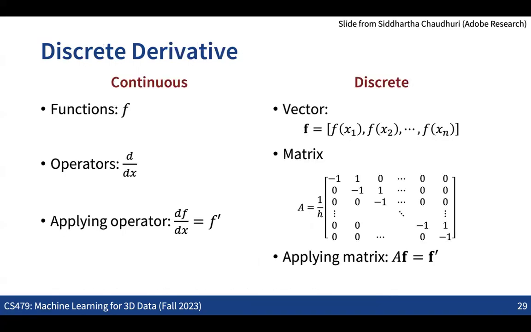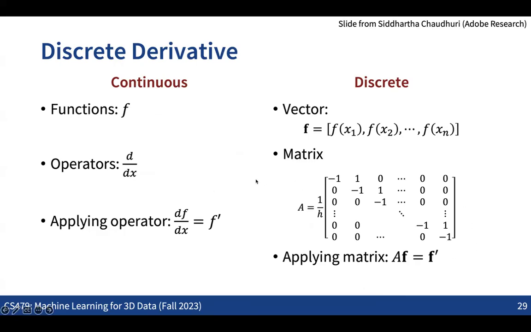So from the continuous to the discrete representations, we are seeing this kind of correspondence. The function in the continuous space is represented as a vector in the discrete space, right? And for the operator, taking the derivative is an operator in the continuous space, which is now represented in matrix form in the discrete space, like this.